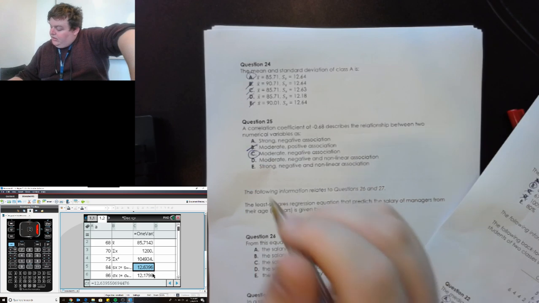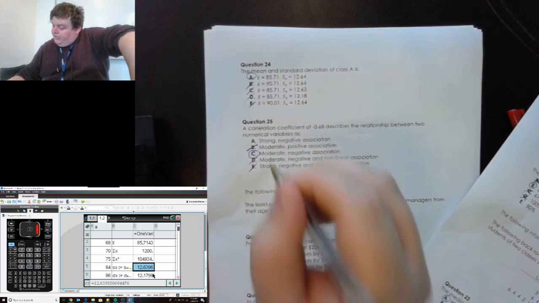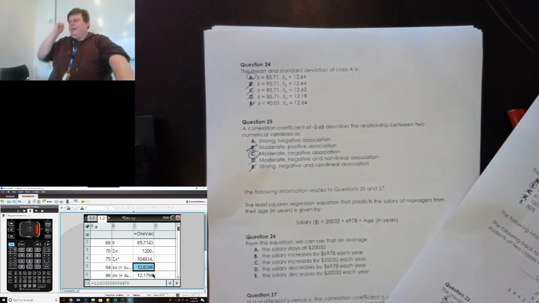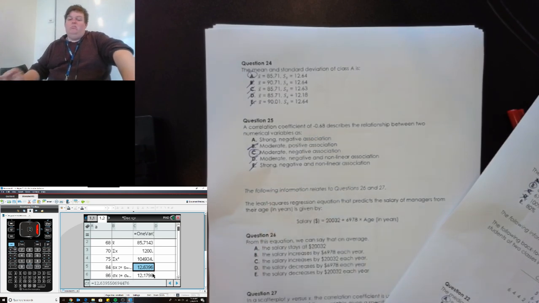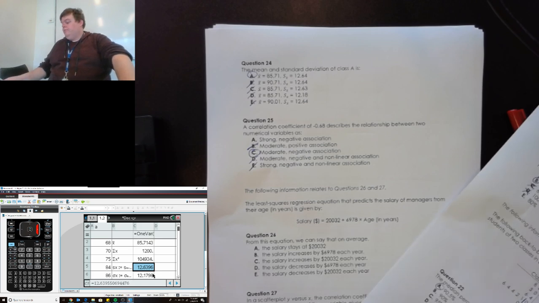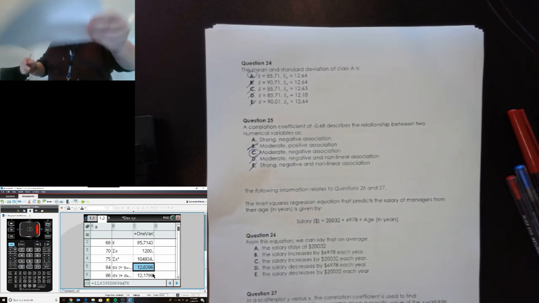There's nothing to suggest that it's non-linear, so you can get rid of those two. You're left with either A or C, and it's a 50-50 toss-up. You'd probably assume that because it's not a high number, it's not super strong. All right, we're done with that data.